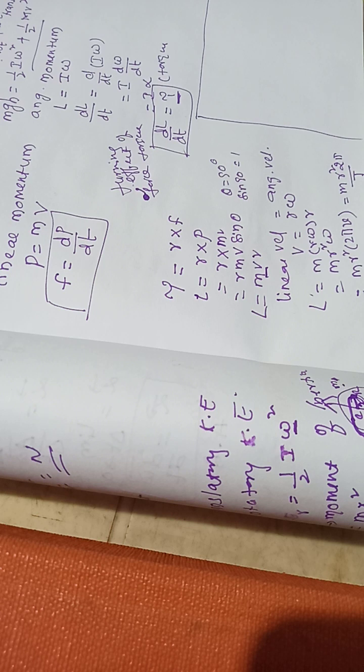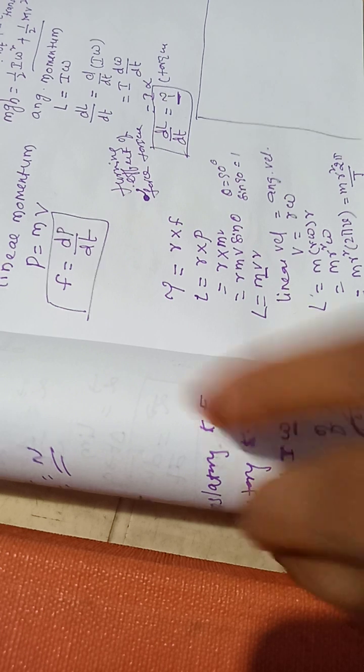Then what is that oscillation? Let us move to oscillations. As my formula is proceeding, I am going along those formulas itself, so it is better to note them down. Then what is this oscillation?